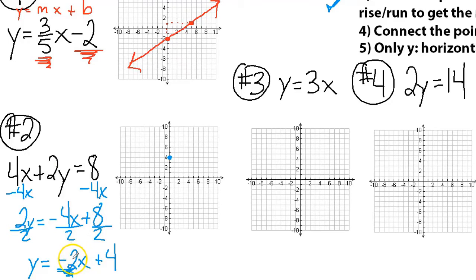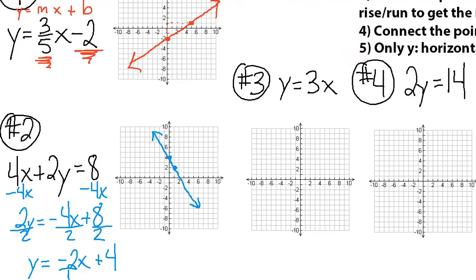So I need to rise -2. So that means go down 2. In fact, it can help to write this as a fraction if you want, so that you can see the rise is -2 and the run is 1. So I go down 2/1. And then we connect. And that's it. Okay, good.